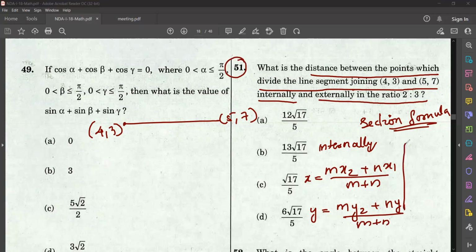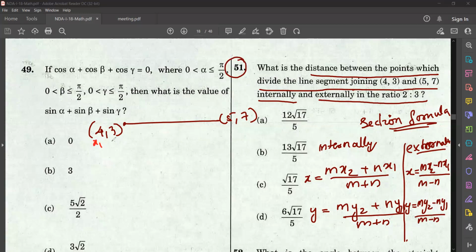To find a point that divides externally, what is the change in this equation? Externally, x = (mx2 - nx1)/(m - n) and y = (my2 - ny1)/(m - n). Okay, so using that, just solve it.